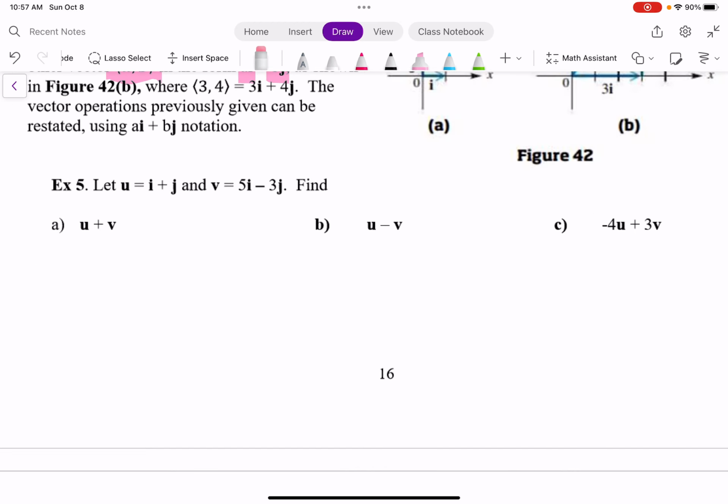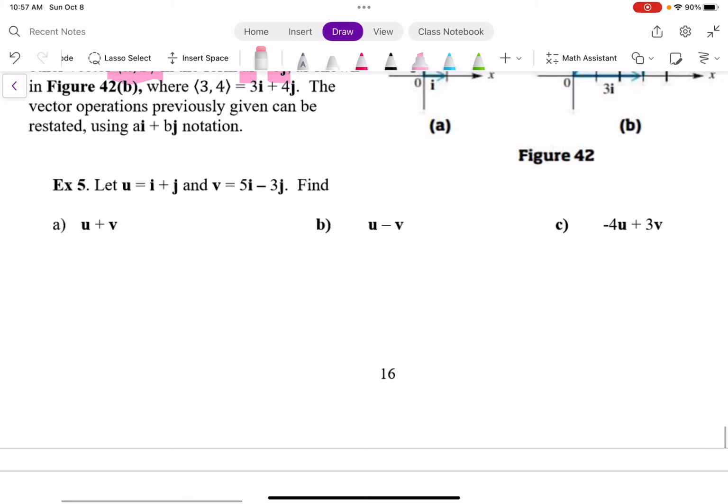How to add or subtract vectors u and v in the unit vector form. I will add all the x together, or all the i parts put together, plus the j parts. So if I have u plus v, I'm using i plus j plus 5i minus 3j.